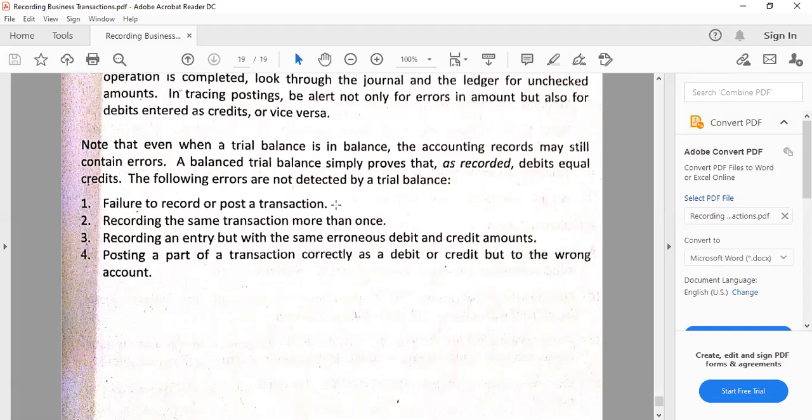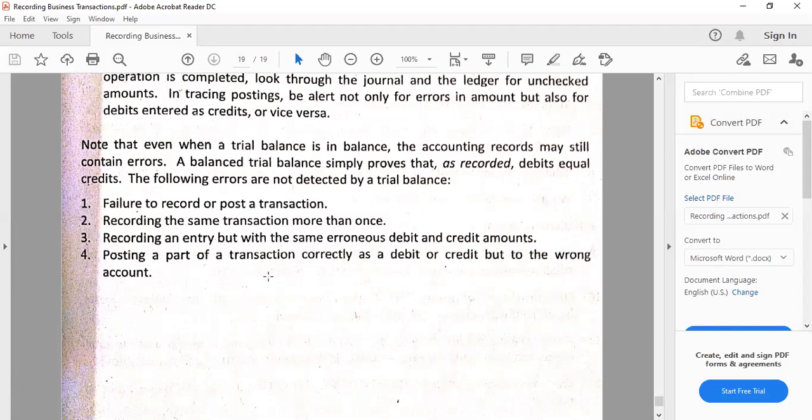So number 1, failure to record or post a transaction entirely, whether intentional or unintentional. We will not be able to detect that because the balances of the trial balance would still be equal to each other. Second is recording the same transaction more than once. So let's say a May 1 transaction we recorded and then we posted twice.